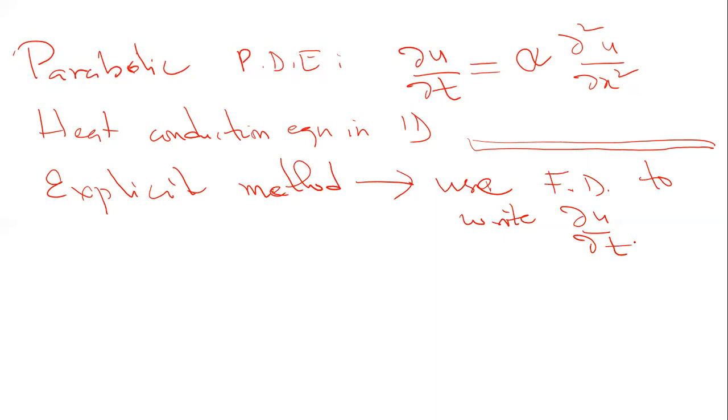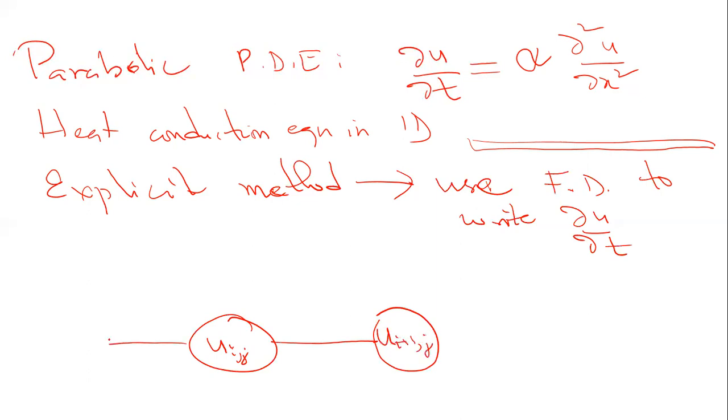Now, in 1D, let's say this is our Ui,j cell, and towards the right side, adjacent to that, there is the Ui plus 1, j cell, and towards the left side, the Ui minus 1, j cell.